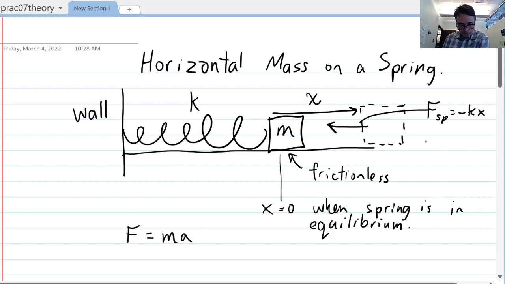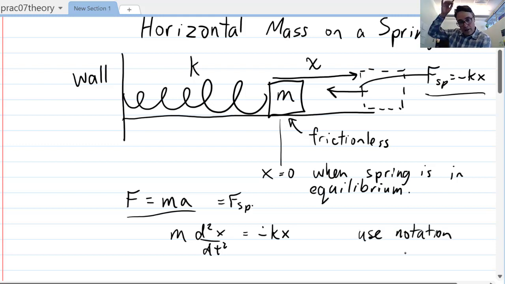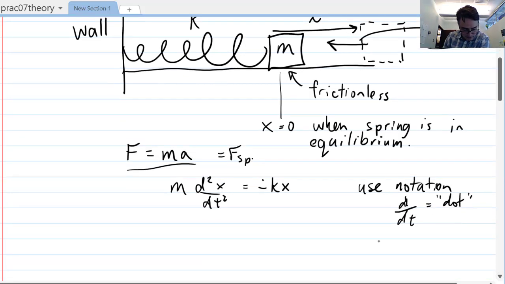If that's the only force, since it's a frictionless surface, then that's equal to the force of the spring. Remember that acceleration is d squared x by dt squared, equals negative kx. And now I'm going to use the notation of d by dt as just a little dot on top of the variable. So we can write x double dot equals negative kx.